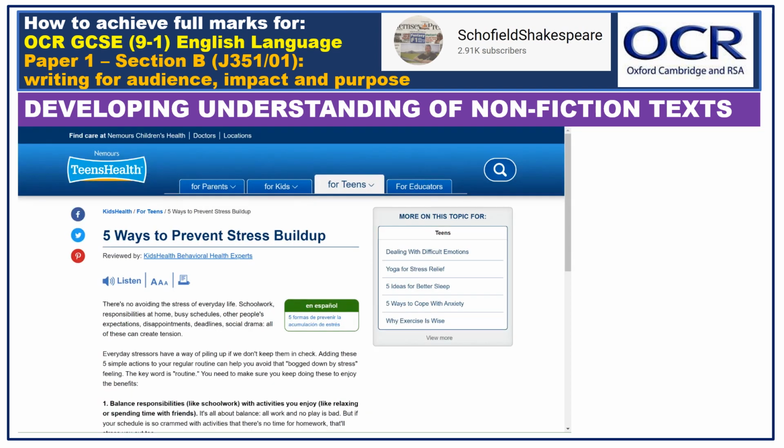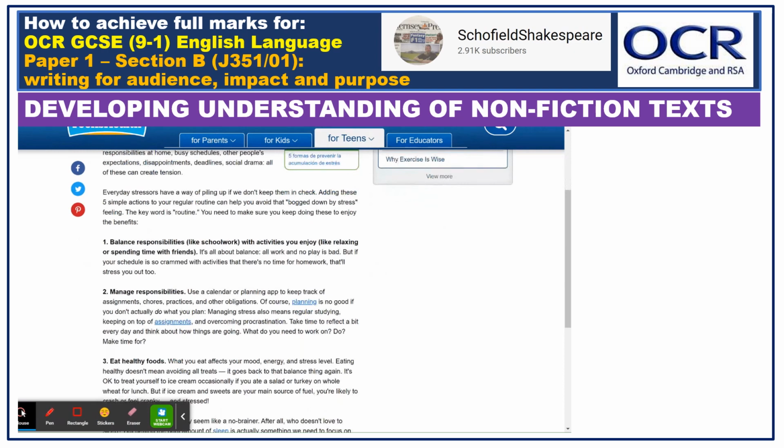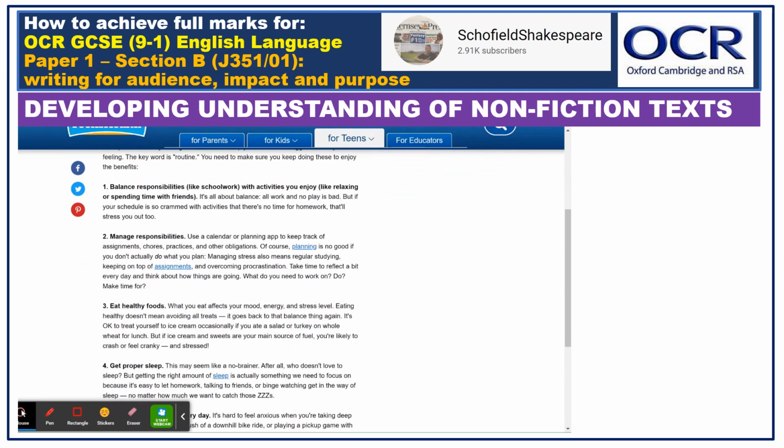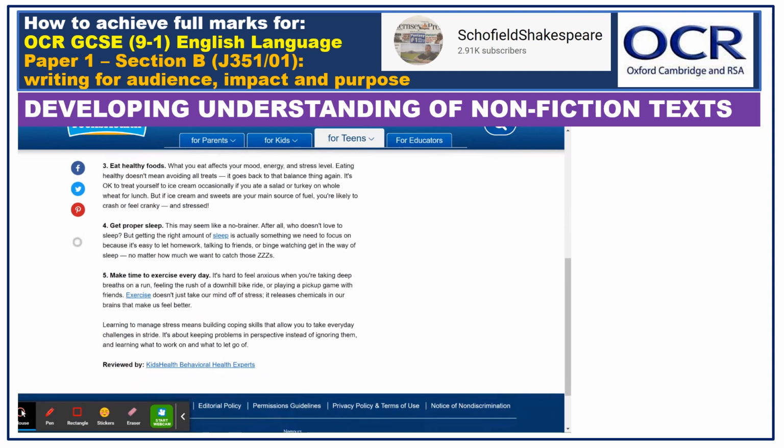One would imagine that a website with the name Teens Health is likely to include some more appropriate advice. So here we have some of their suggestions. Balance responsibilities, manage responsibilities, and there's some tips there about using a planning app, importance of healthy foods, get proper sleep, importance of exercise. But actually, the way this is written is perhaps not that exciting and may not result in that grade 9 you're all hoping for.